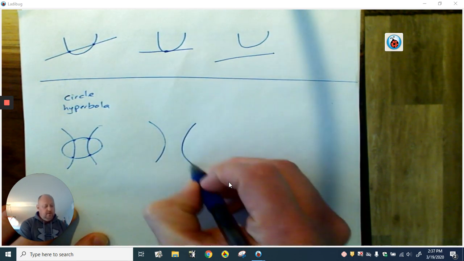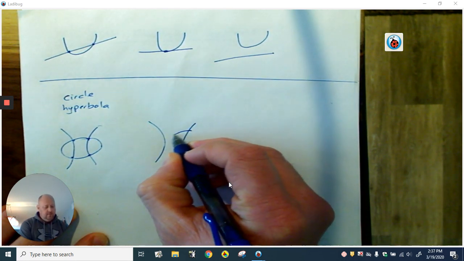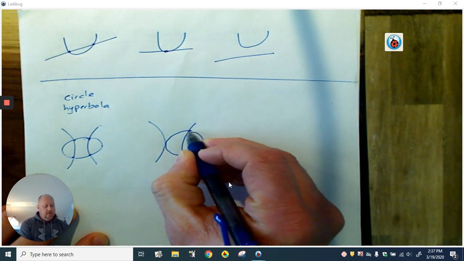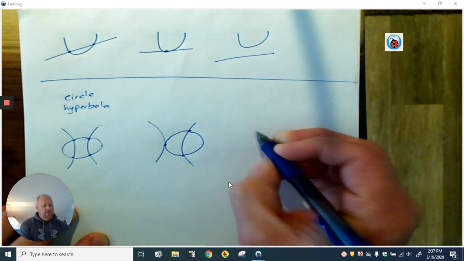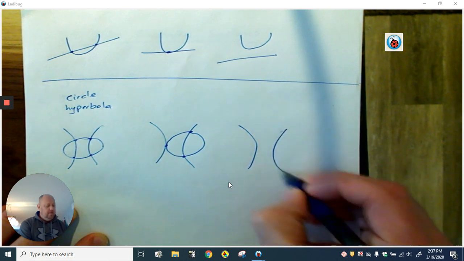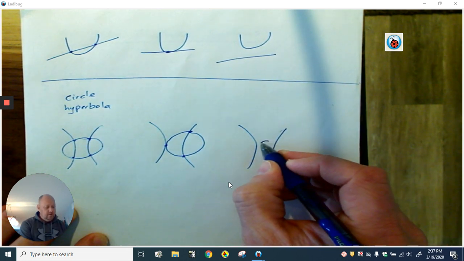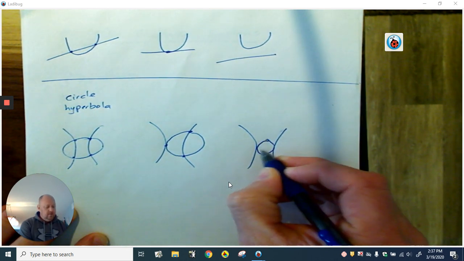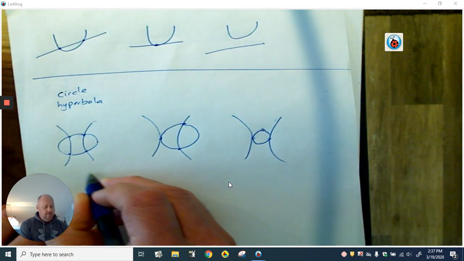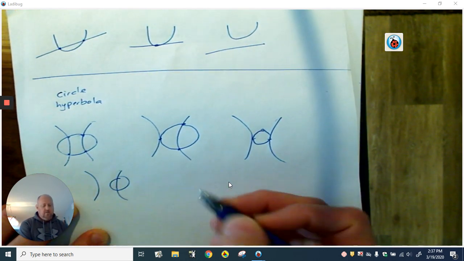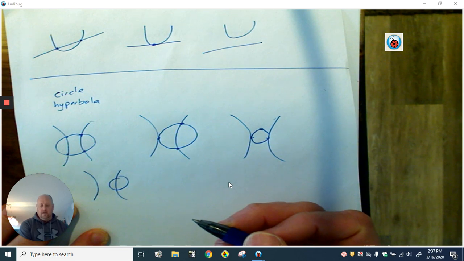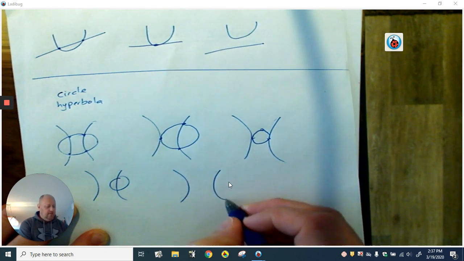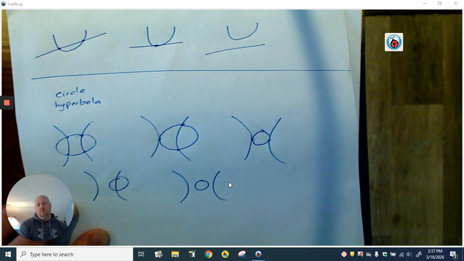It could be where you have it centered a little bit more like this, and now you have 1, 2, 3, or maybe it's right in the middle and it only intersects twice, or maybe it just intersects one of those two parts of the hyperbola, or maybe it doesn't intersect at all.